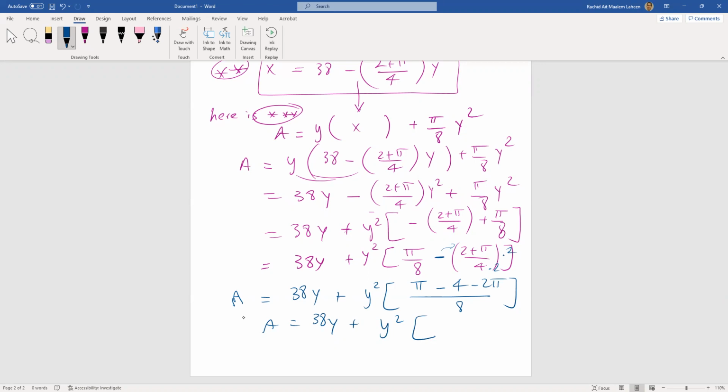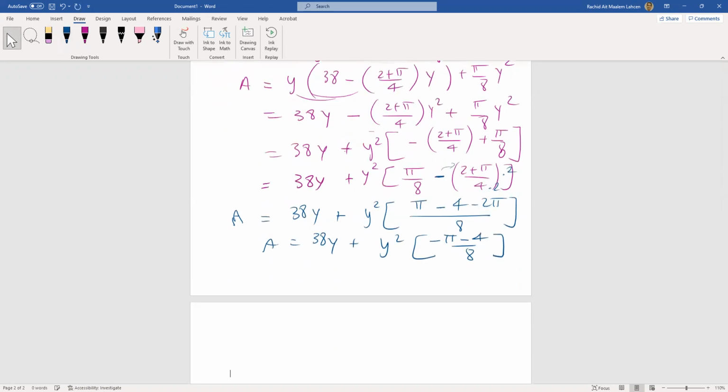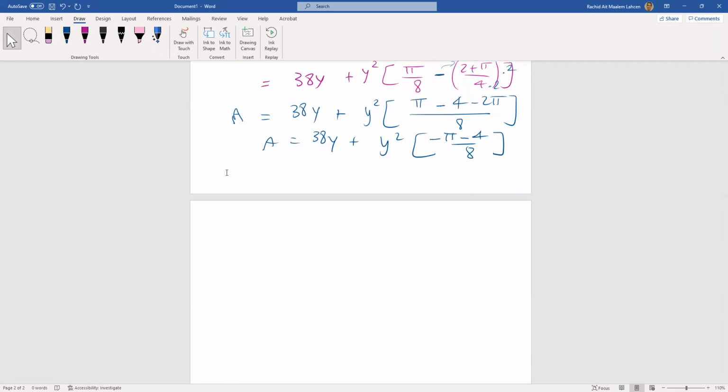All right, so we have negative pi minus 4 over 8. And we've done examples where you get a lot of negatives and you're like, maybe can I simplify? Can I make it better? Yeah, so if I have negative and negative, if I factor a negative, it will change this to positive. So maybe that's a good idea to do at this step.